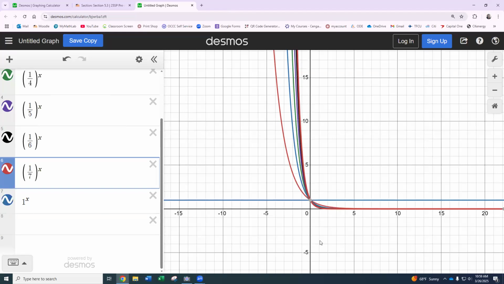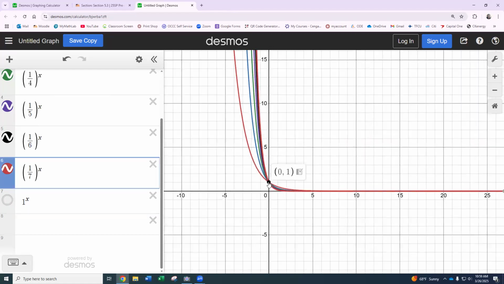And one more time, your base cannot be 1 because no matter how many times you multiply 1 by itself, it's always going to be 1. So they have the same characteristics as those increasing ones, the same, what's that called? Y-intercept and that same horizontal asymptote there.